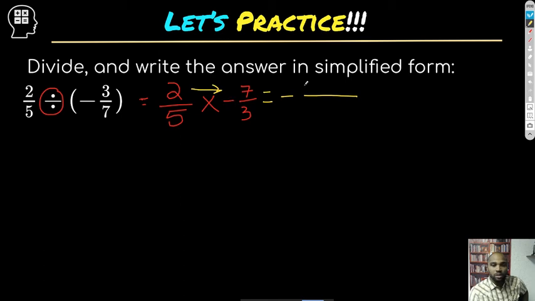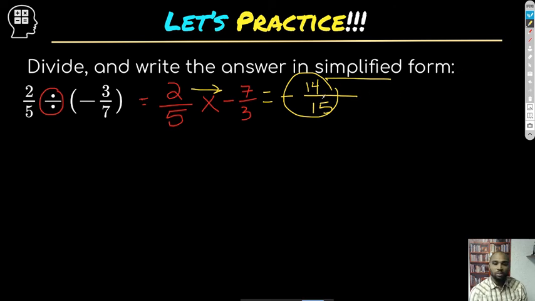2 times 7 is 14, and 5 times 3 is 15. They wanted it in simplified form, so let's make sure there's nothing else we can take out. Well, 14 is 7 times 2, and that's about it, 14 times 1. 15 has a 5 and 3, so they don't have any common factors, no greatest common factor other than 1.